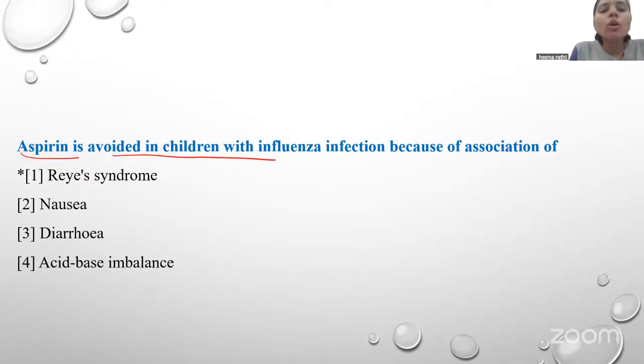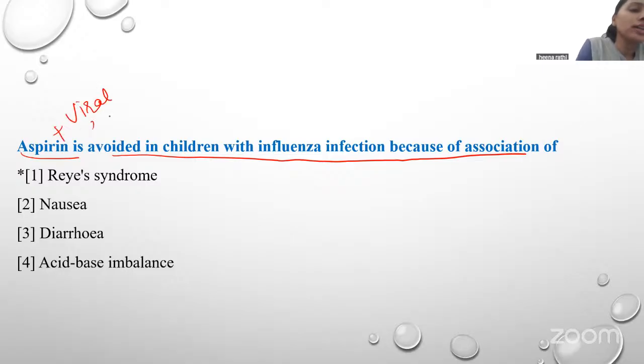Aspirin is contraindicated in children with influenza infection because of the association. One of the important drawbacks of aspirin is that when it is given to children who are recovering from any viral infections, like the chicken pox viral infection, then viral infections like chicken pox are going to affect the liver.